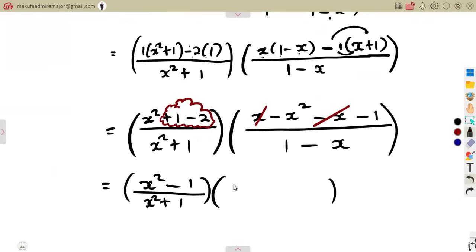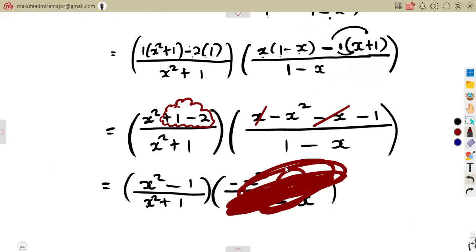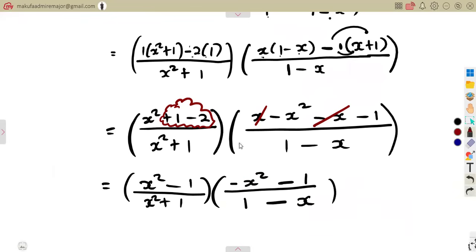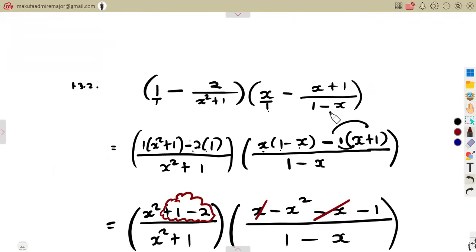So we are left with minus x squared minus 1, everything over 1 minus x. So actually, we could have avoided this in the first place. Like I said before, we could have avoided it by writing this starting with a positive so that we change this sign. So we could have avoided that long time.